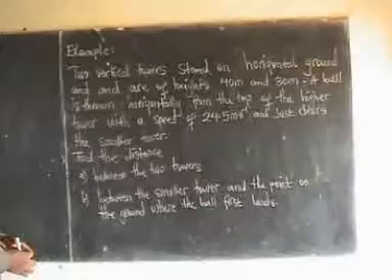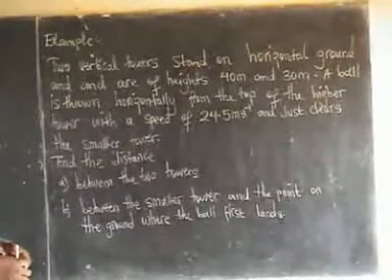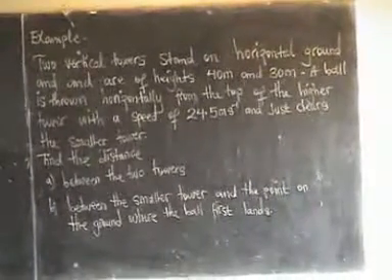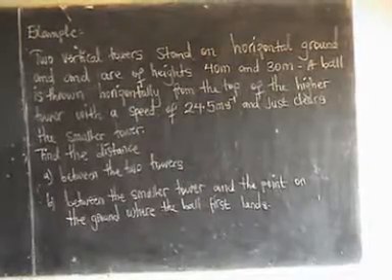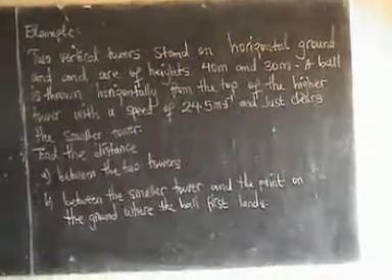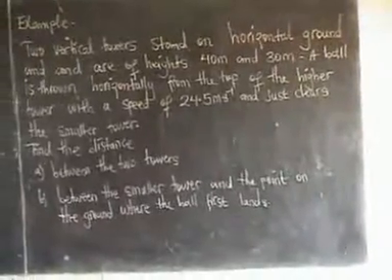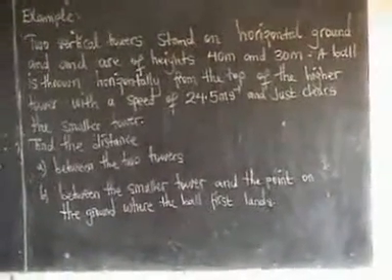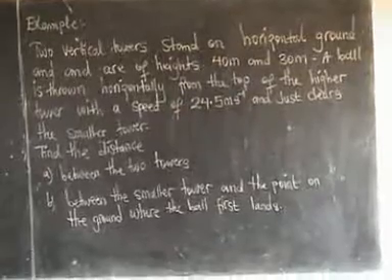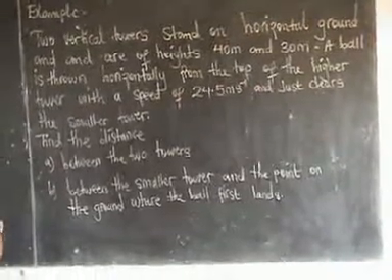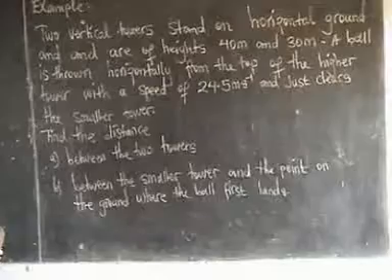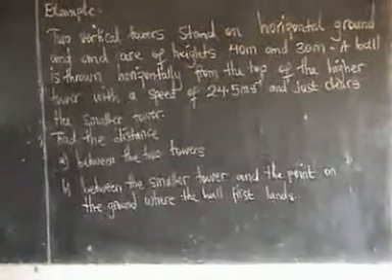Two vertical towers stand on a horizontal ground and are of heights 40 meters and 30 meters. A ball is thrown horizontally from the top of the higher tower with a speed of 24.5 meters per second and just clears the smaller tower.